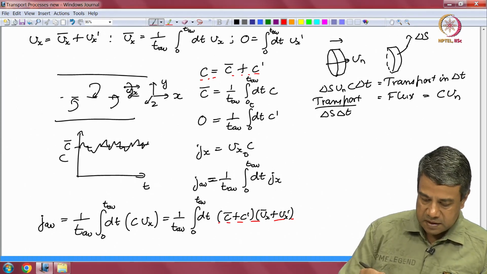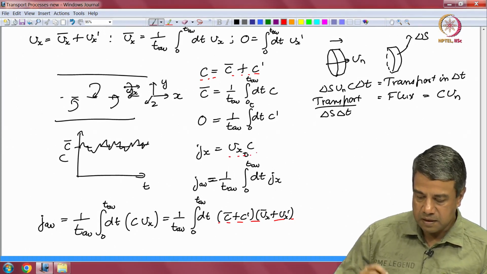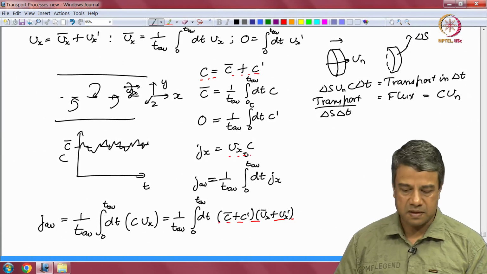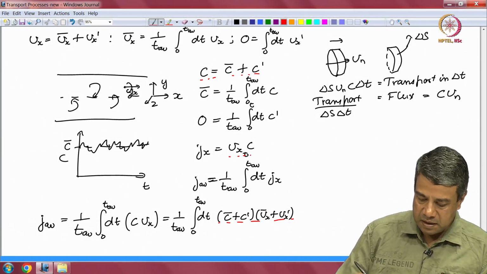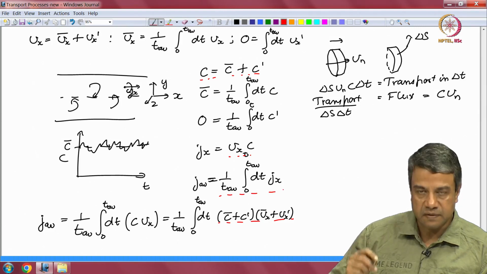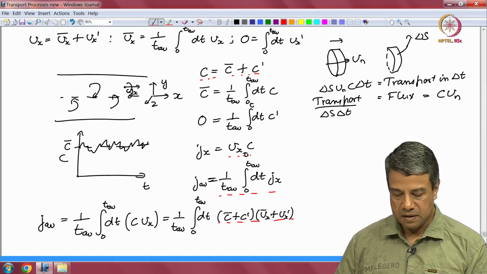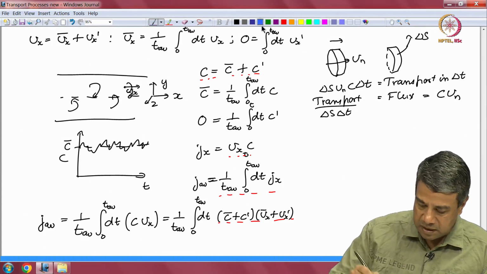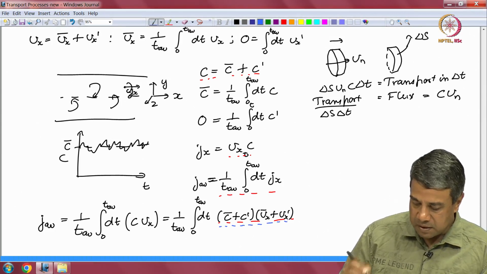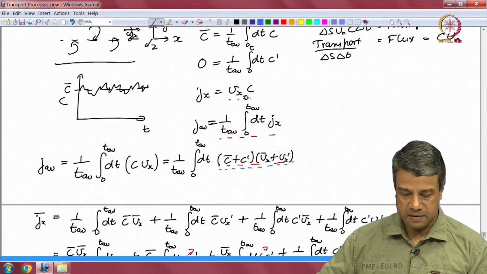The flux is the perpendicular velocity times the concentration field, and the average flux is a time average of this instantaneous flux, where the concentration and the velocity are each separated out into their mean and fluctuating parts.